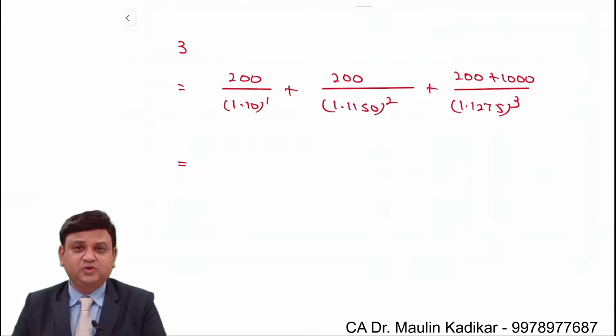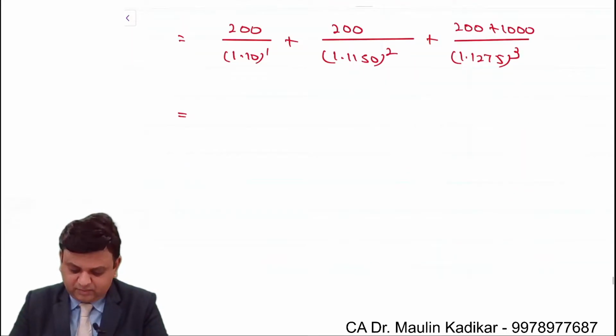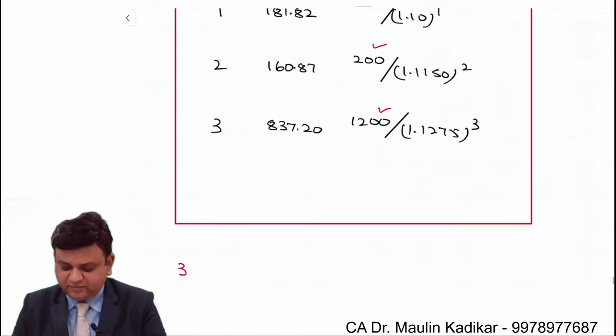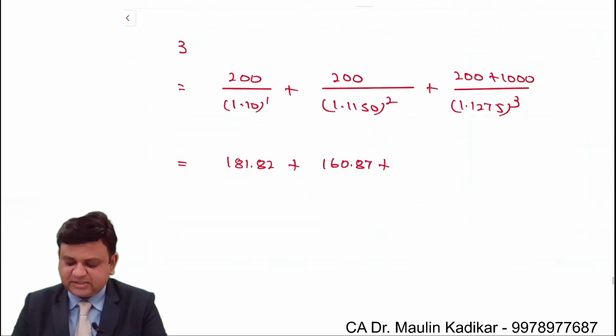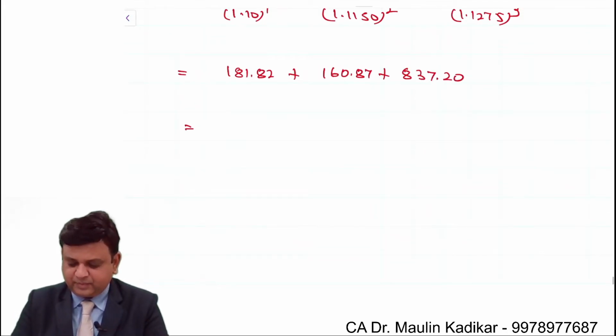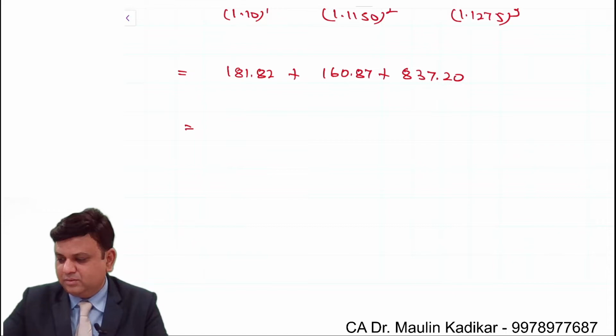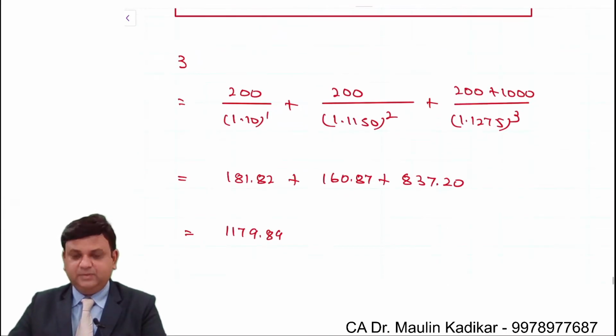That is the way we are supposed to find the present value, and that comes to 181.82 plus 160.87 plus 837.2. So the answer comes to 1179.89. Please write the answer.